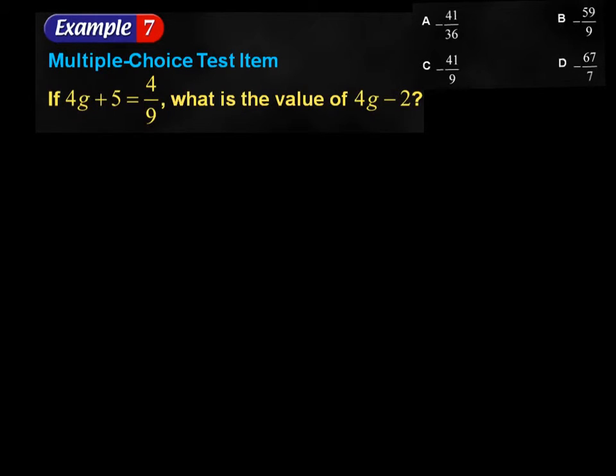If 4g plus 5 equals 4/9, what is the value of 4g minus 2? Okay, so we already have a 4g. We want to convert that plus 5 into a minus 2.